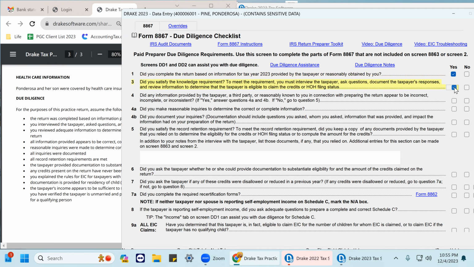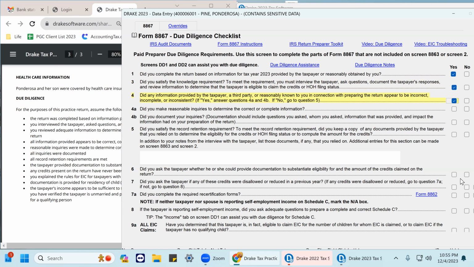To meet the requirements, you must interview the taxpayer, ask questions, document the taxpayer's responses, and review information to determine the taxpayer is eligible to claim the credit or HOH filing status. Yes. So that must be a yes, right? There's no number two. You see, there's number one and number three. Now, what's number three? Do you think the answer is correct?